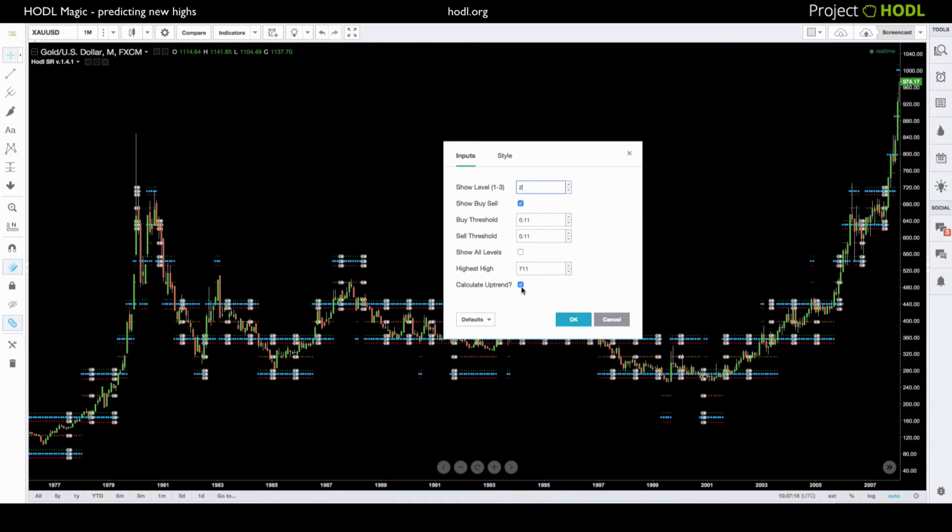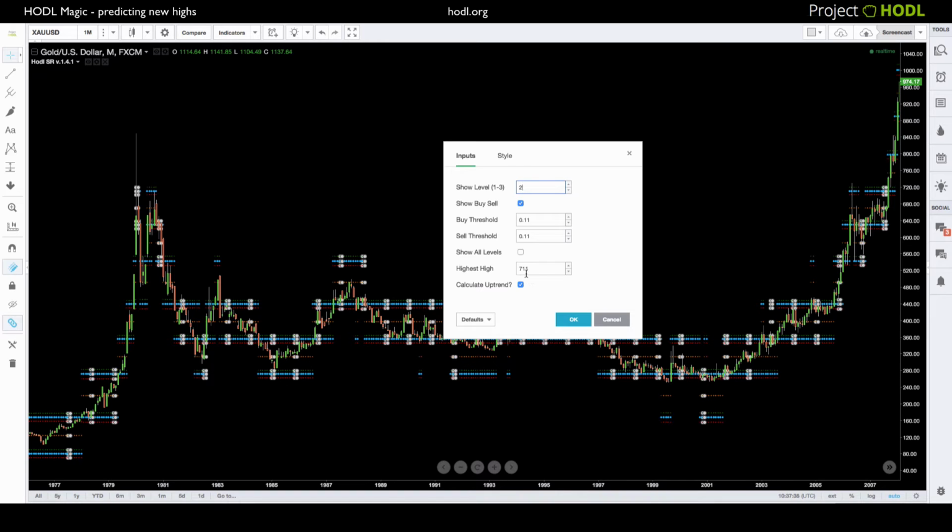This is also one of the problems in HODL SR right now, but it will be solved in the upcoming version soon. So you won't have to change these things.